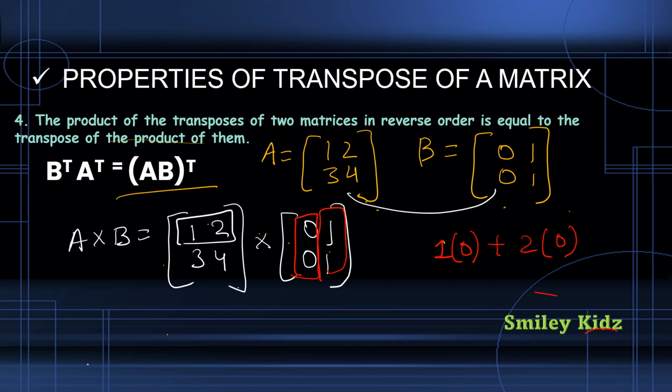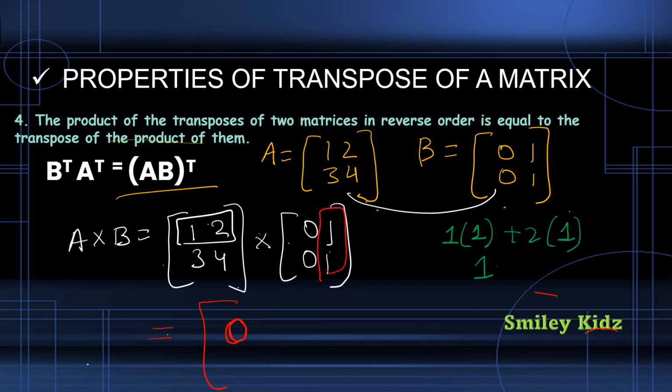That will be 0, right? So my new matrix is going to have 0 as its first element. Then if I take the second column, it's going to be 1 into 1 plus 2 into 1. This will be 1 plus 2, that will be 3. So here I'm going to have 3 as my second element.